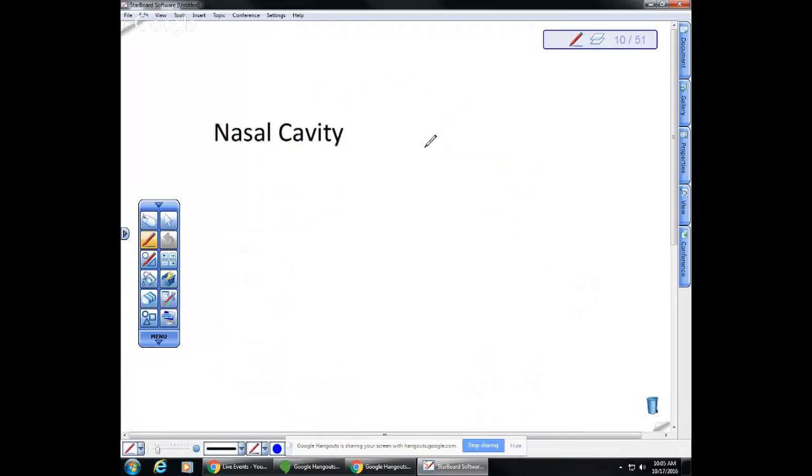Okay, so let's talk about the nasal cavity first. The very first part of the nasal cavity is referred to as the vestibule. This is the opening right at the nostril area. It's like if you pick your nose, this is where your finger goes.